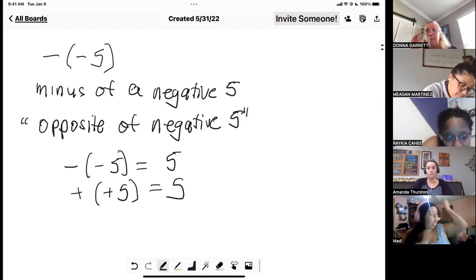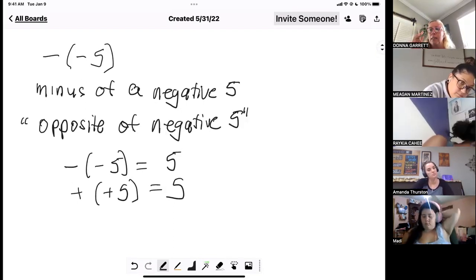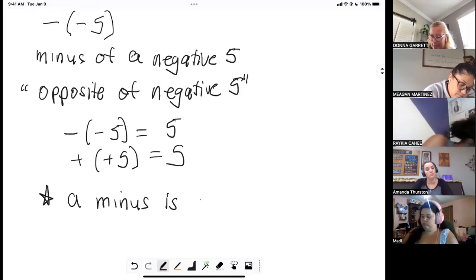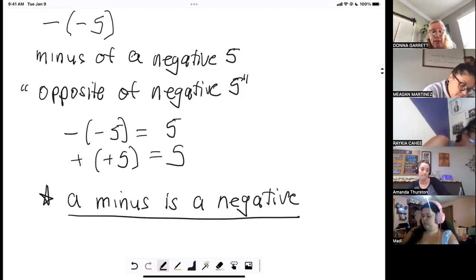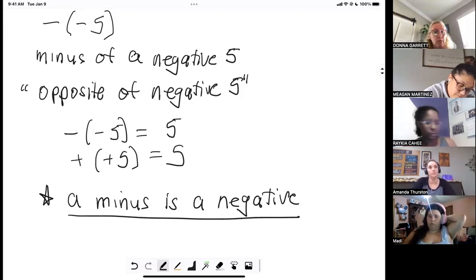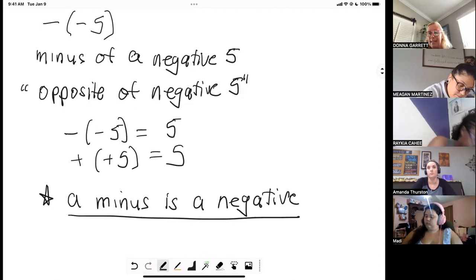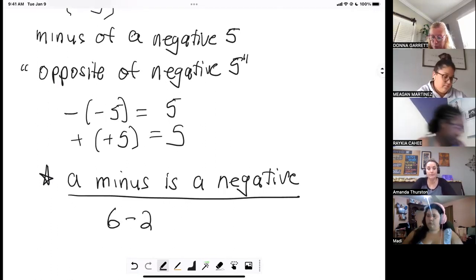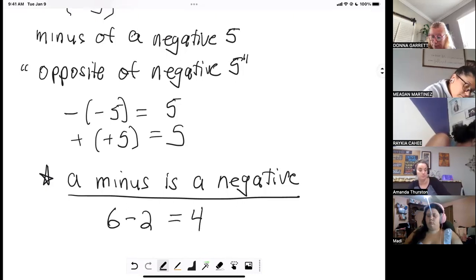So if you can think of a negative as an opposite sign, now here's something too. A minus sign is also a negative. Something else that people don't think about. I'll show you why in a second. A minus means opposite. So a minus sign is a negative. If I have 6 minus 2, we know that's equal to 4.